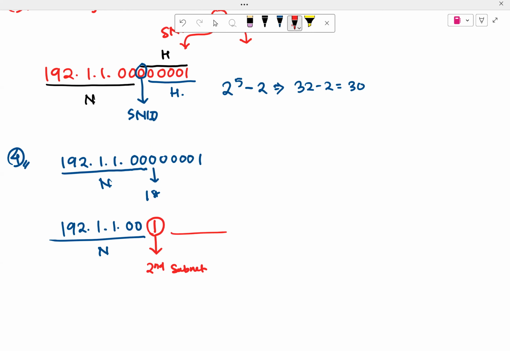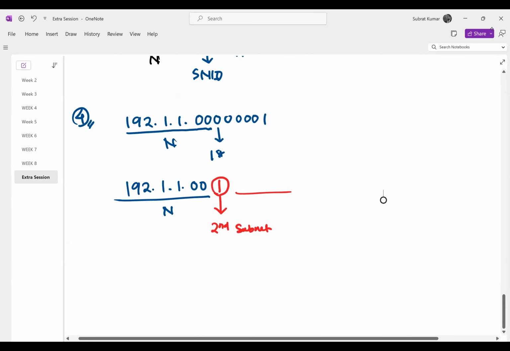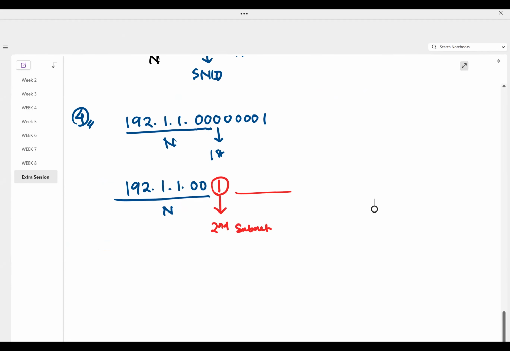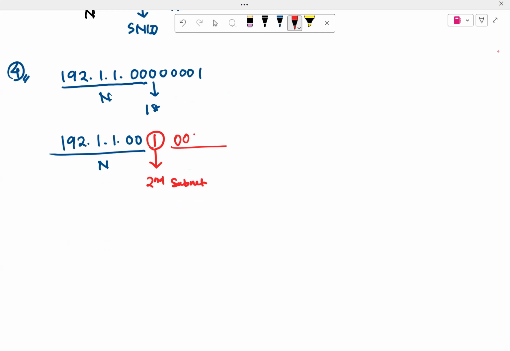So if I put all 0 here, then it will be my network ID.